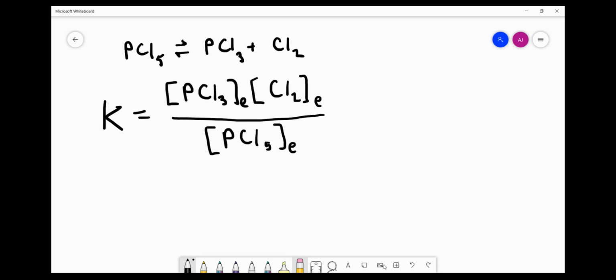So a few things you have to remember. This law applies to concentrations at equilibrium, and that's what those little e's are beside my concentrations. Recall that this also only applies to concentrations. So we'll see that in this question, we're given mole values, so we need to express those as concentrations.